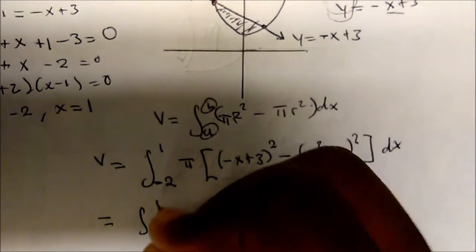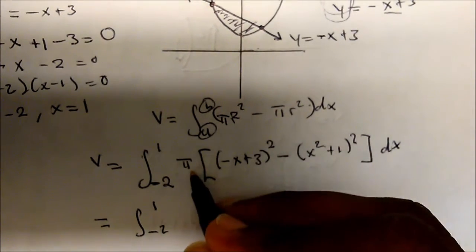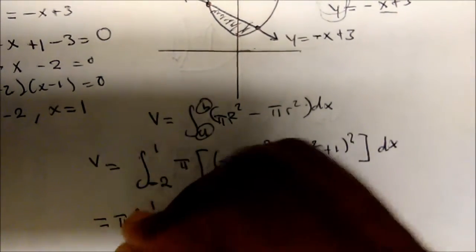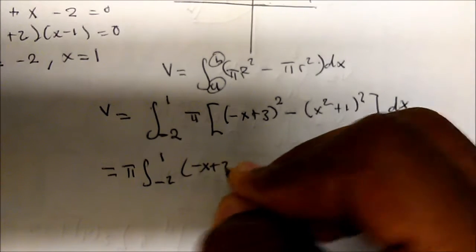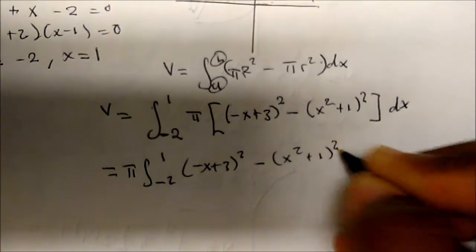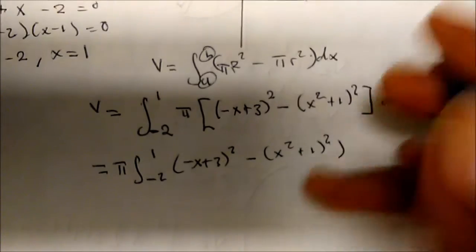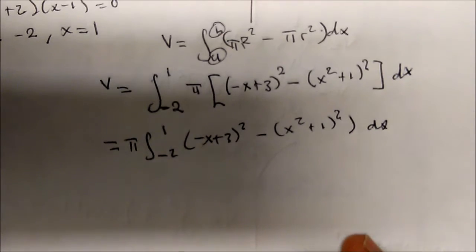So this is from negative 2 to 1 of, and since pi is a constant, I'm going to factor out my pi. So this becomes negative x plus 3 squared minus x squared plus 1 squared dx.